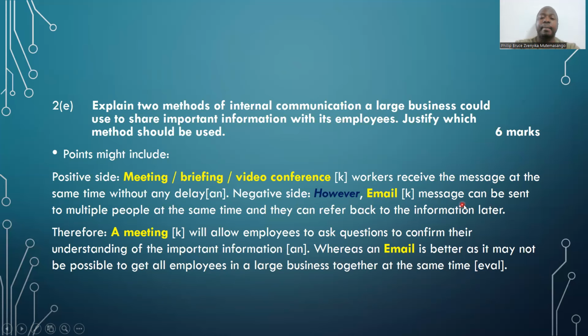With an email, the message can be sent to multiple people at the same time, and they can also refer back to the information later. That's how an email works. So you first provide good explanations about those 2 methods of internal communication. Then you go on to justify which one they should choose and which one they should let go.